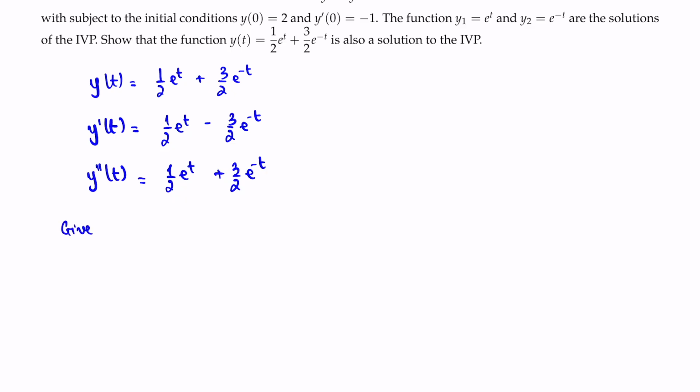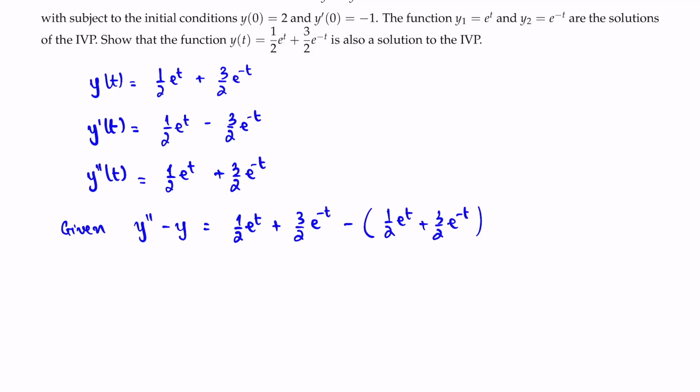Given y double prime minus y, we get 1/2 e to the t plus 3/2 e to the negative t, minus 1/2 e to the t plus 3/2 e to the negative t. So the first part of this expression is for y double prime, and the second part is for y. We plug them in, and they cancel out, and you get 0, which is a true statement.